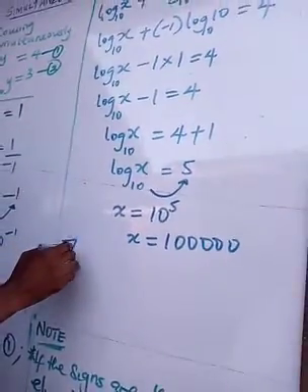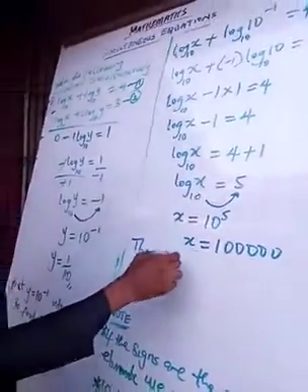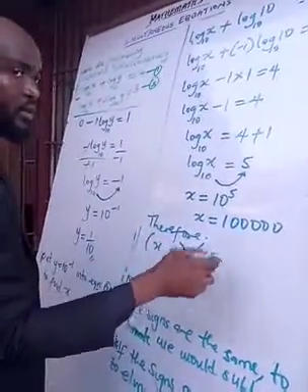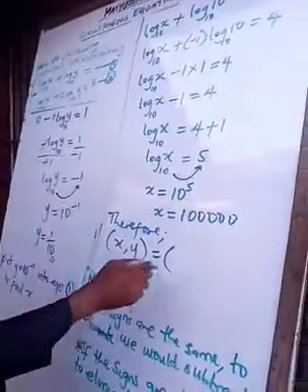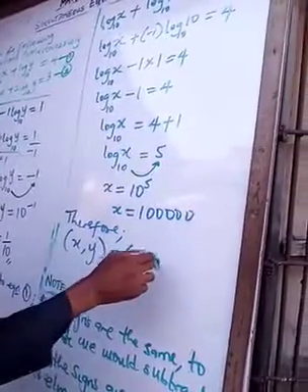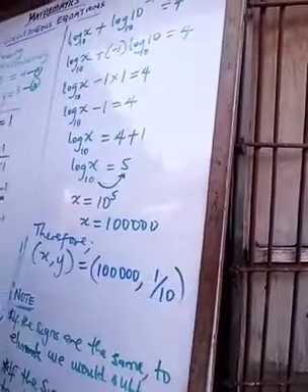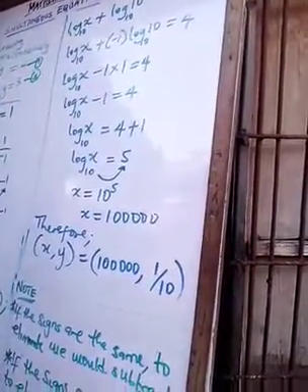So therefore, when x is 100,000, or 10 raised to power 5, y is 1 over 10. So that's that.